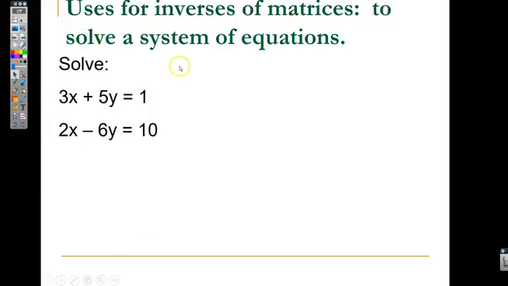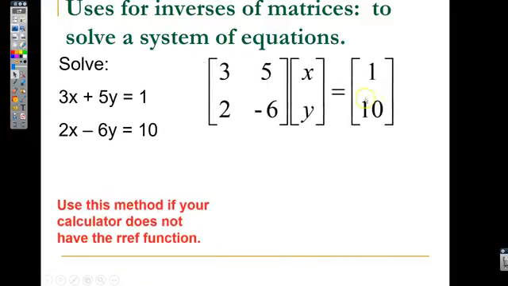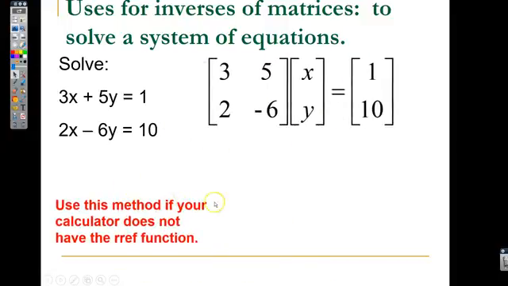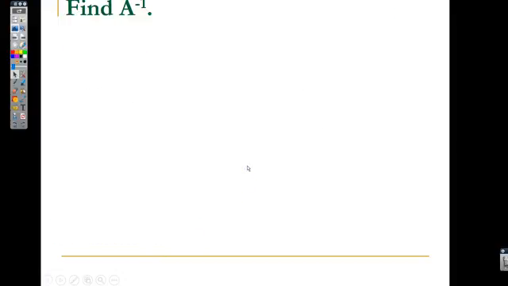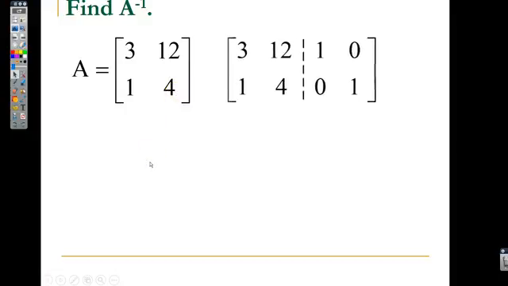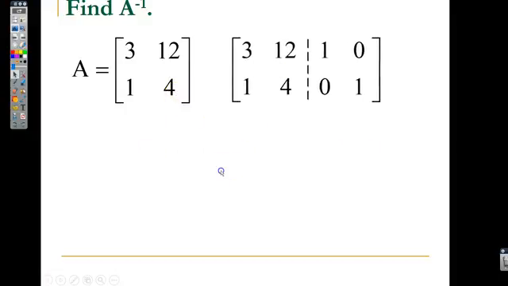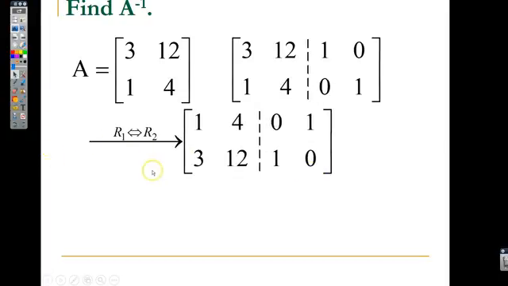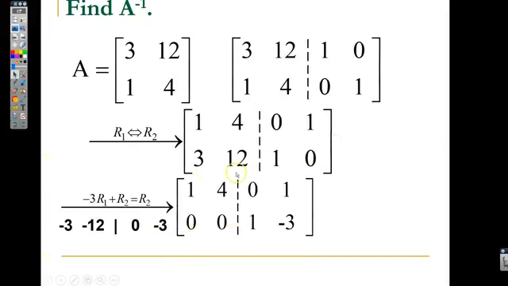If we have the system, we can write a matrix like this. Use this method if your calculator does not have the RREF function. So find the inverse of A, and we just learned how to do that by using row operations until you get the inverse on one side.